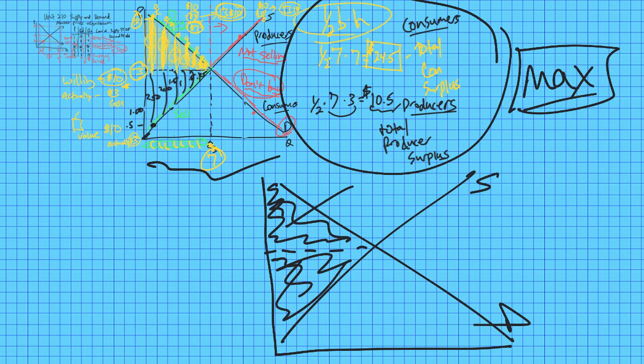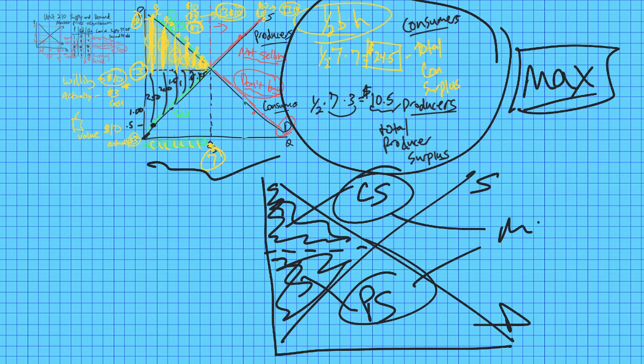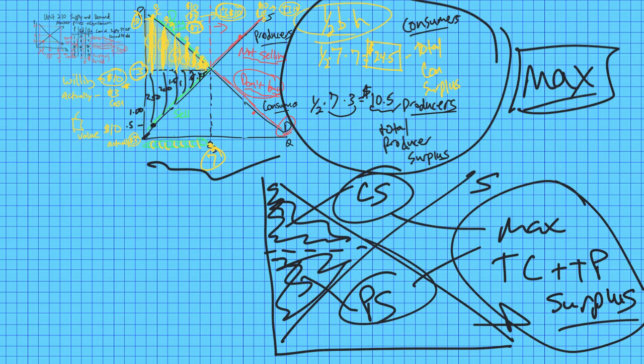It's going to maximize the consumer surplus. It's going to maximize producer surplus. And when you add those two together, you have the maximum amount of total consumer plus total producer surplus. Okay? So equilibrium is going to maximize total consumer and total producer surplus.